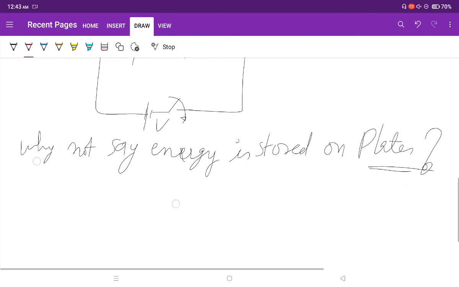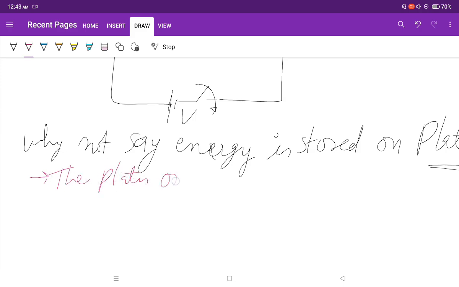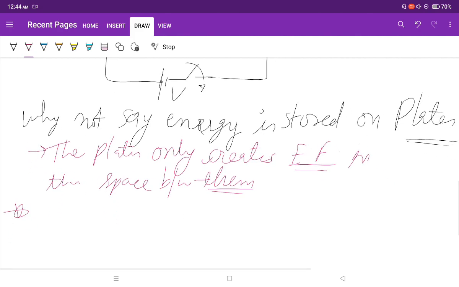What happens is that the plates only create an electric field in the space between them, and it is this electric field that has the ability to do work.